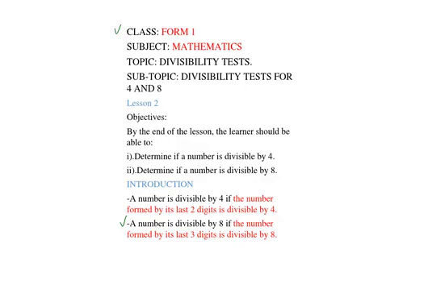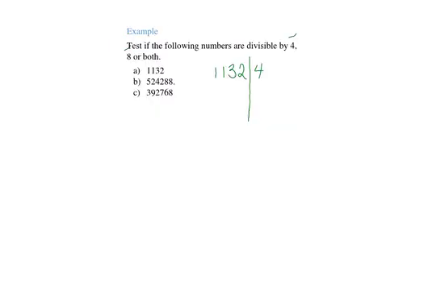We've been told to consider the last 2 digits, and if the last 2 digits form a number which is divisible by 4, then it will mean that that whole number is divisible by 4. So the last 2 digits are 32. So 32 is divisible by 4 to give us 8, and this means that number is divisible by 4.